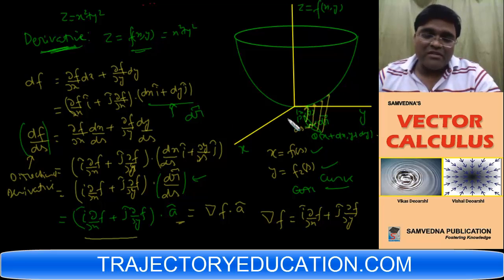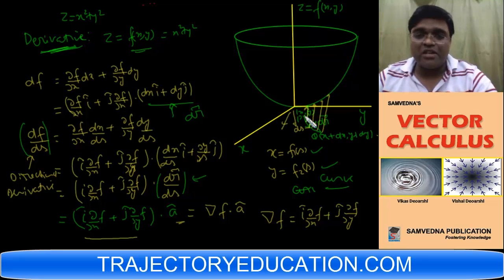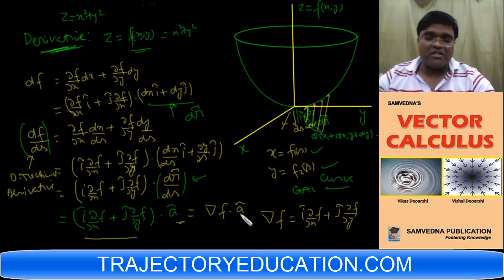Why do we call it the directional derivative? Because you see some kind of directional feature associated: the rate at which f changes depends on in what direction you are moving. You may be moving in this direction or in that direction. There can be several directions in which you are moving, so it does depend on the direction.